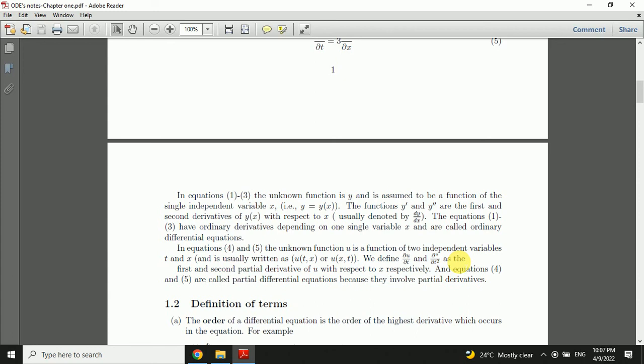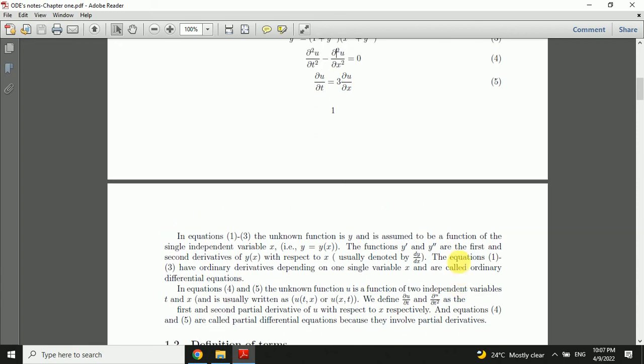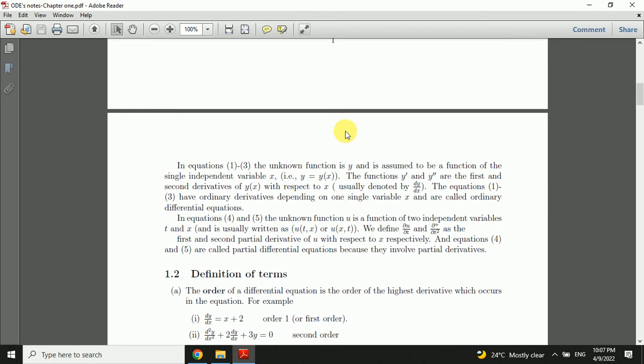While in the partial differential equation, like you saw in this equation 4, you have u in the numerators, yet in the denominators you have t and then you have x. So this means that you have two variables. So that becomes a partial differential equation.